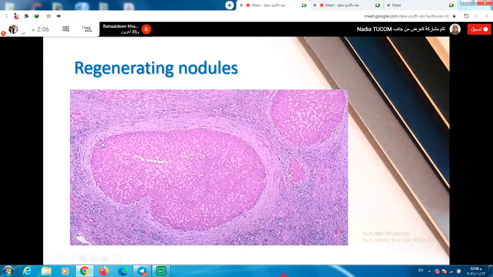The thick, broad fibrous bands surround a lobular group of hepatocytes that are hyperplastic and regenerating, trying to replace the damaged hepatocytes, with loss of the normal architecture, giving a micronodular pattern.